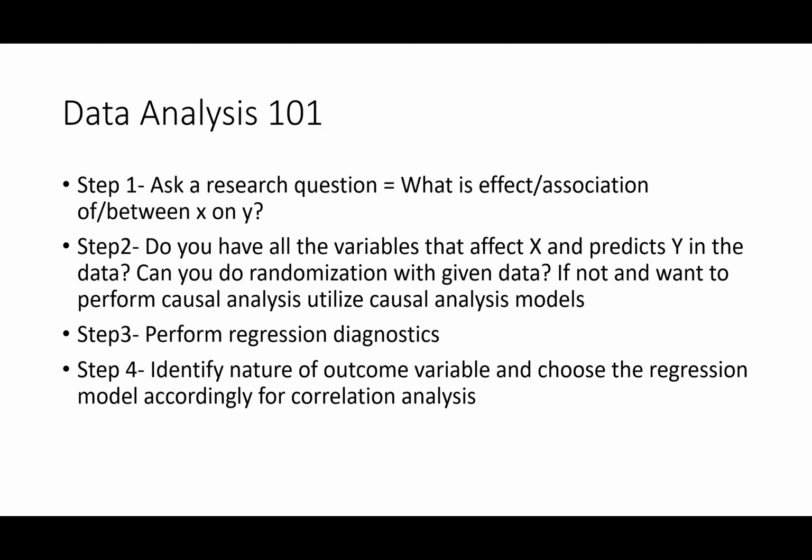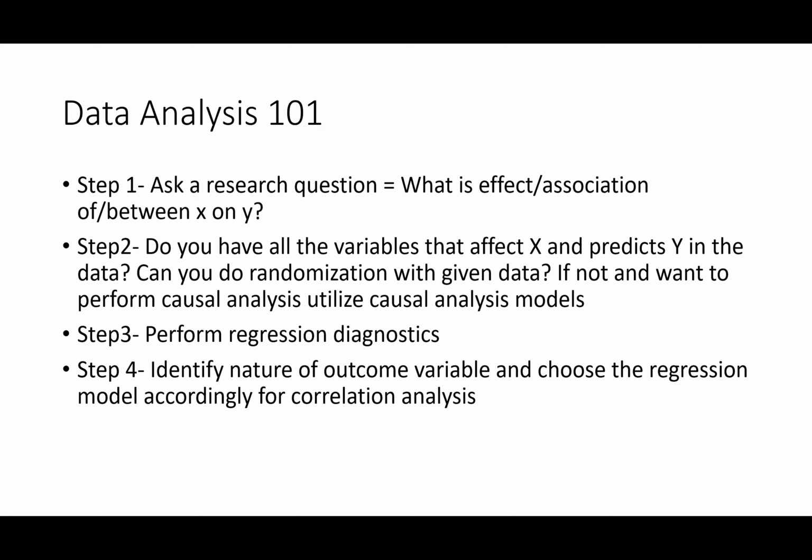For now, in a nutshell, when you have data and somebody asks you to do a regression analysis, the first thing you do is ask a research question, which can be causal or correlational, like what is the effect or association of, or what is the association between X and Y. Step 2 is, do you have all the variables?